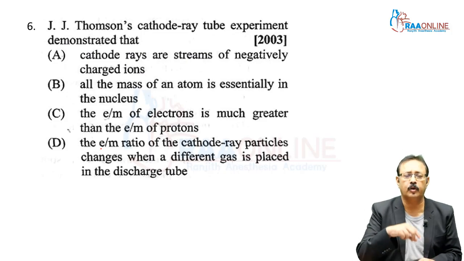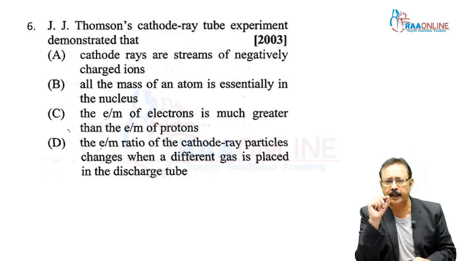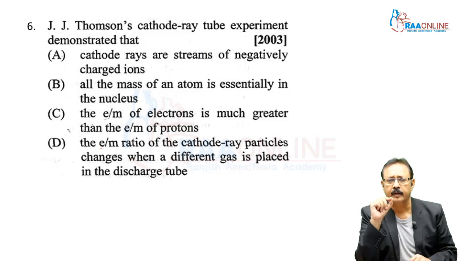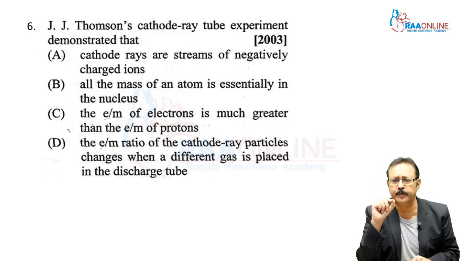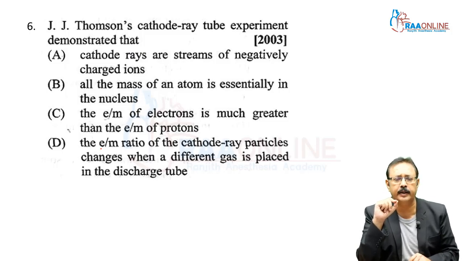Next, 2003 AIPMT. J.J. Thomson's cathode ray tube experiment demonstrated that A. Cathode rays are streams of negatively charged ions. All the mass of an atom is essentially in the nucleus.